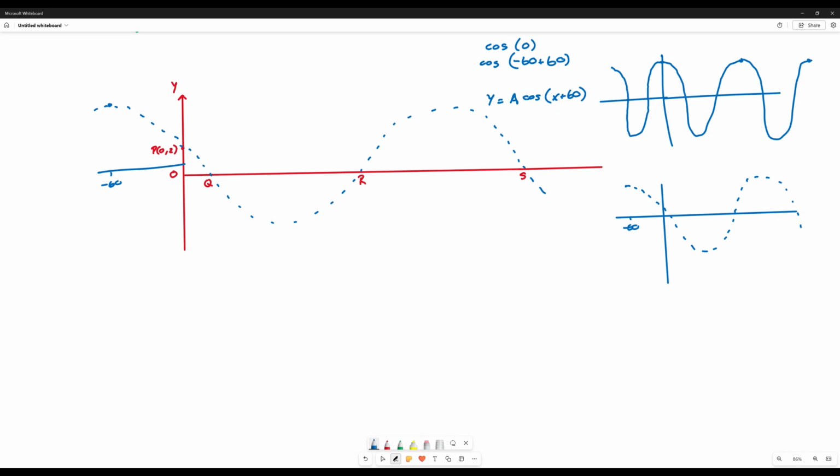If you have plus 60 inside of the brackets, you move to the left. If you had minus 60, we'd move to the right. If it was just this plus 60 at the end, then we just move the graph up 60 spaces. There's no left and right nonsense. But it's not just at the end, it's in the middle of the brackets, nested right in the center.